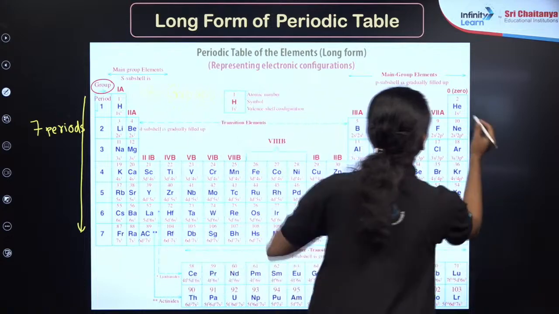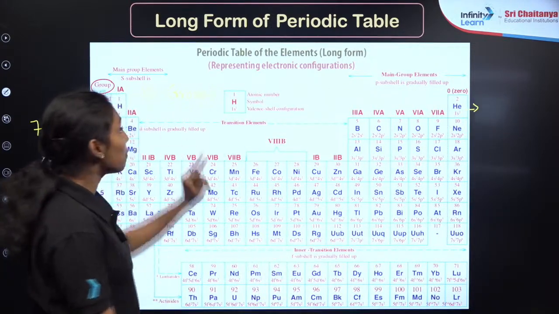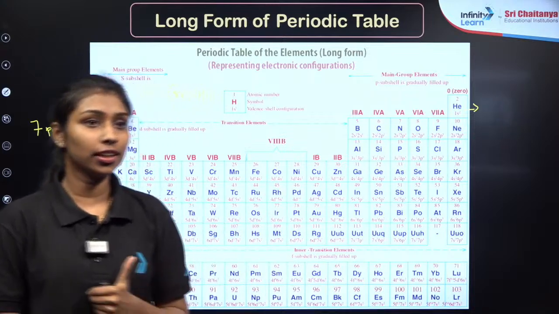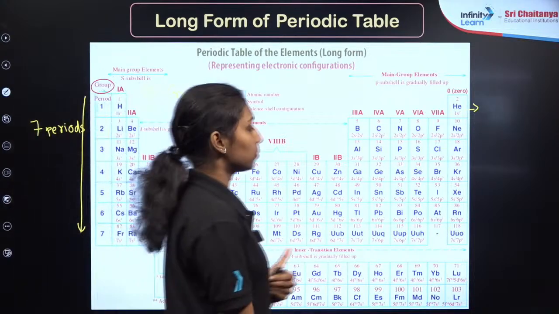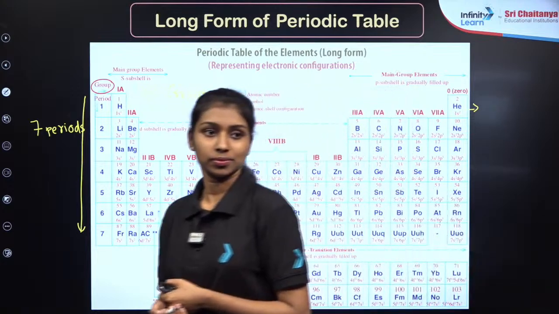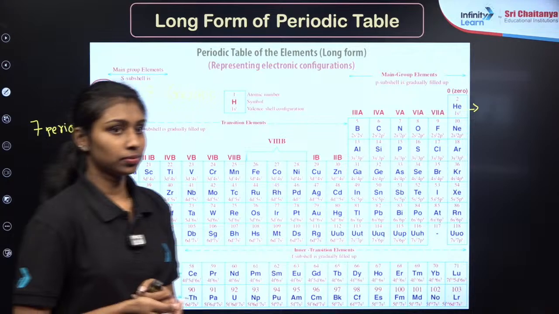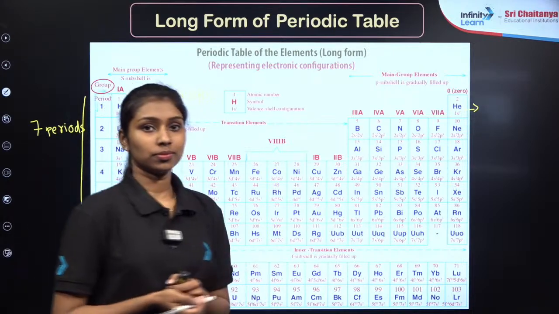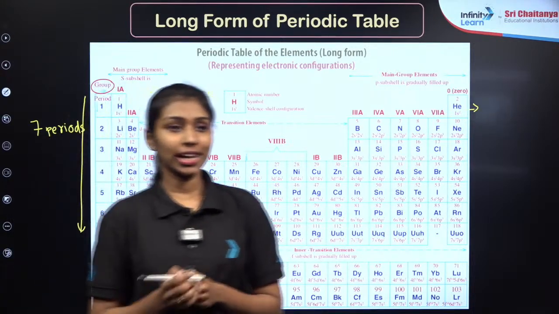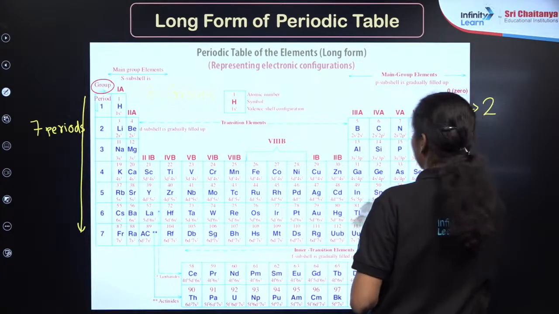If you consider the first period here, how many elements are present in the first period? Two, right? Including hydrogen and helium, 2 elements are present over here in the first period.